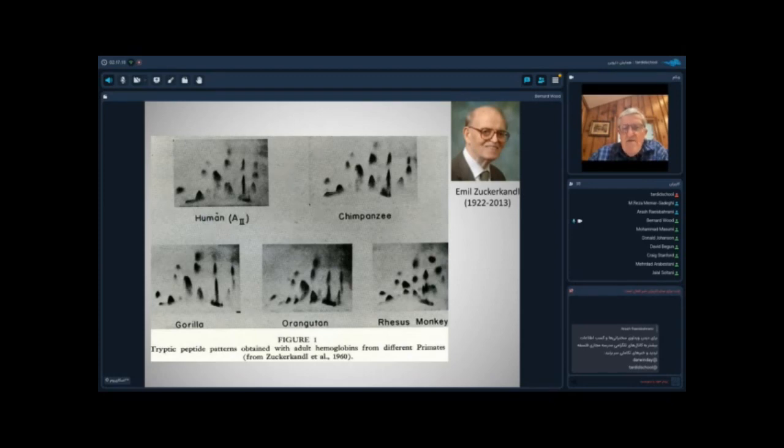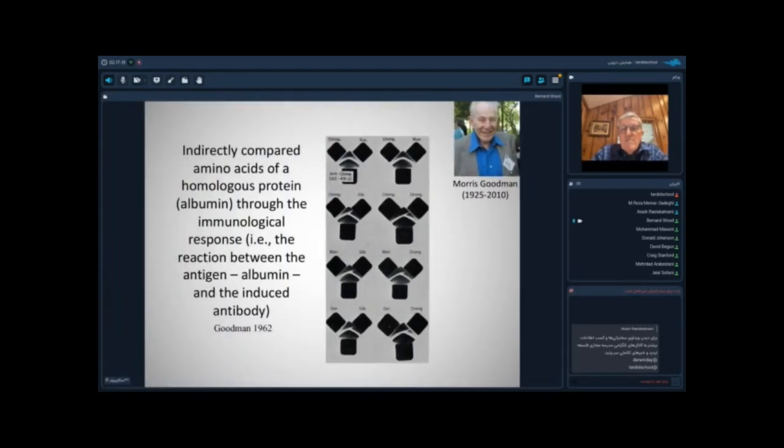The other line of evidence was pursued by Maurice Goodman, who used what was then the relatively new method of immunology to explore the difference between the albumins of modern humans and the African apes and the orangs and monkeys.